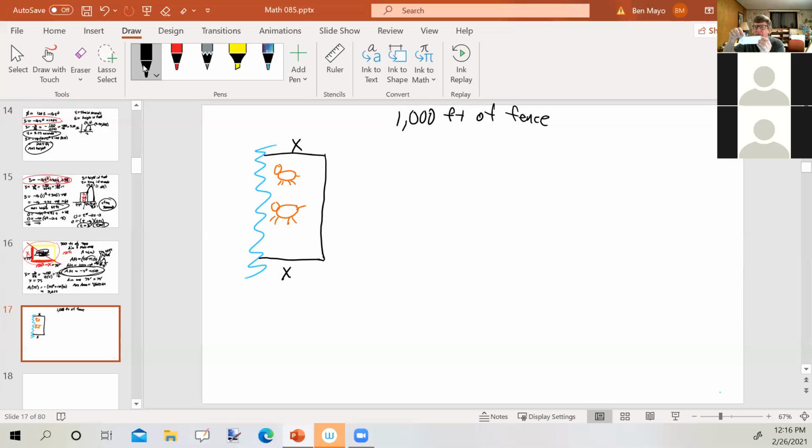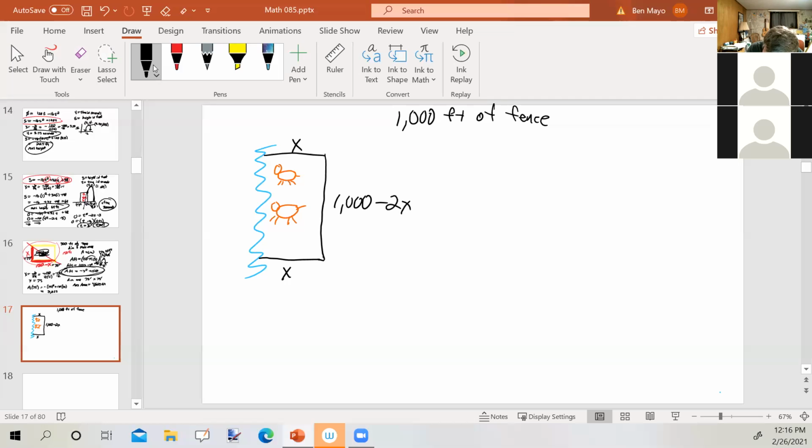So if this whole thing is 1,000, and I take away an X, and I take away an X, I've taken away 2X. So the remaining piece would be 1,000 minus 2X. So this is different from the last problem where we had all four sides that we built. Okay?